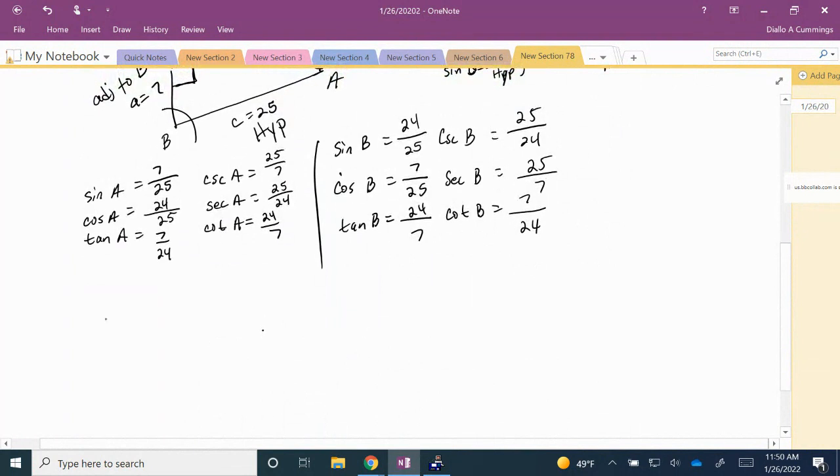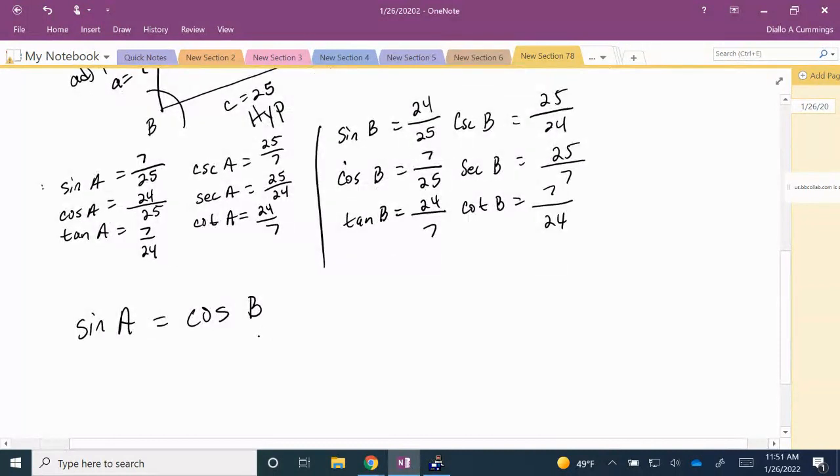We have that the sine of A is equal to the cosine of B. Let's see if that's actually true. We see that the sine of A is 7 over 25, and the cosine of B is also 7 over 25. Now keep in mind, this can also work in reverse.